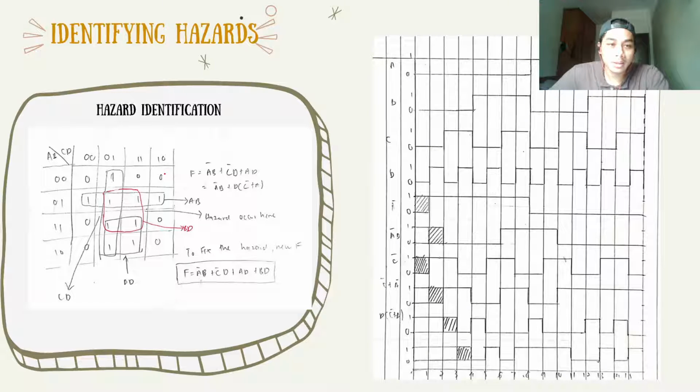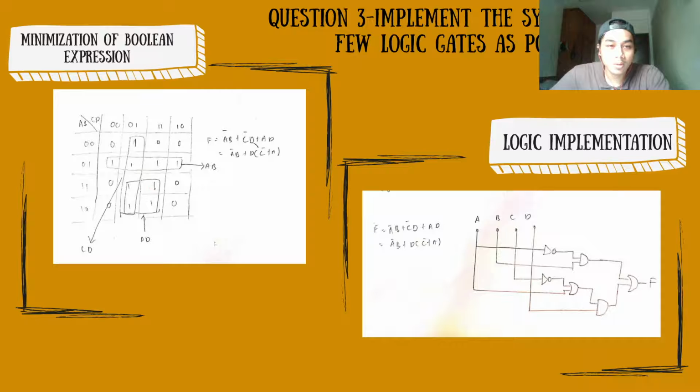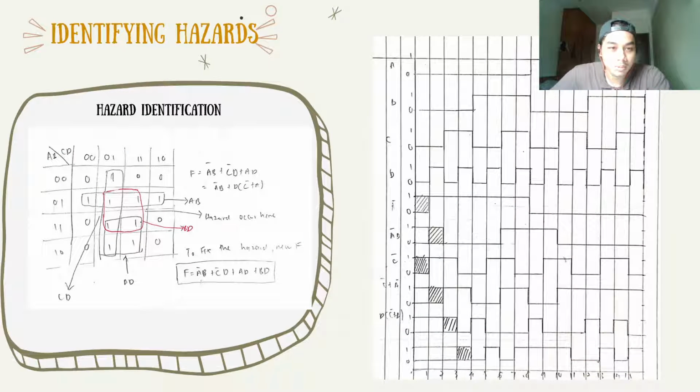For my KMap before, we can identify the hazard. A hazard can happen if values of 1 are adjacent to each other but are not grouped. From the KMap before, these 4 values are adjacent to each other but I did not group them, so a hazard can occur.